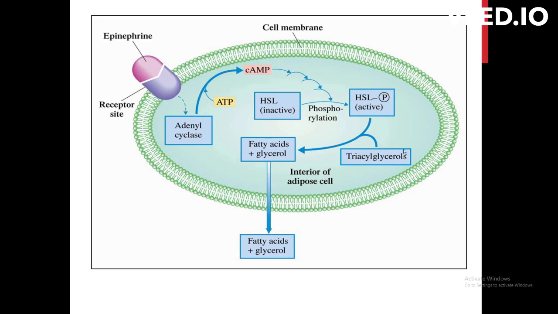So the cleavage here starts at triglycerol and forms fatty acids and glycerol, which then go out into the bloodstream. So that is how hormonal interaction and enzymatic reaction inside the adipose tissue will tap the energy source of TAGs.